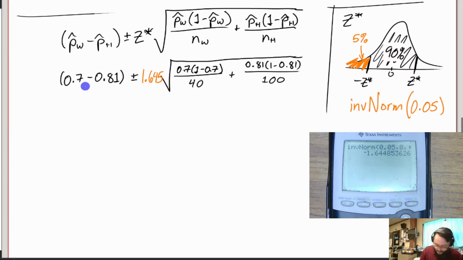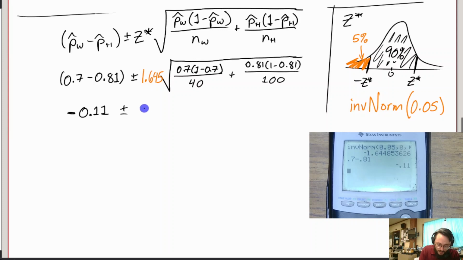Now, we could simplify it a little bit. So here we are. Negative 0.11. Okay, it's totally fine to have negative numbers when we are subtracting proportions because it just tells us that one of them, specifically the second one, is bigger than the first.